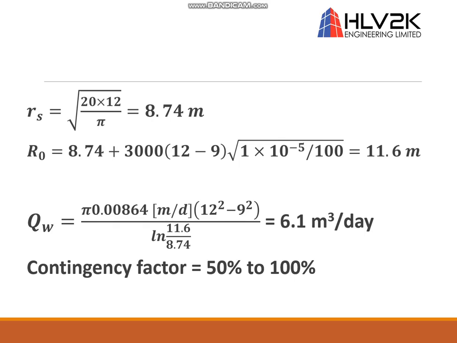Some people even use 200%. It depends on judgment. I usually use 100% for cases where the dewatering rate is small. For example, in this case, 6.1, I would suggest using 100% and multiplying that by 2. If the dewatering rate is high, for example 1,000 cubic meters per day, 50% is usually enough, and multiply that value by 1.5.